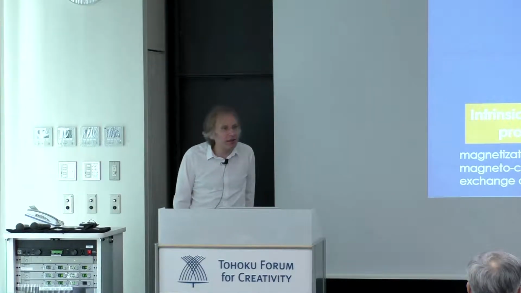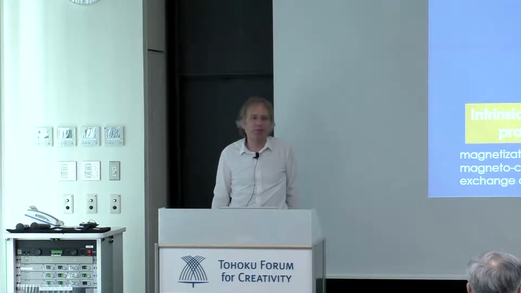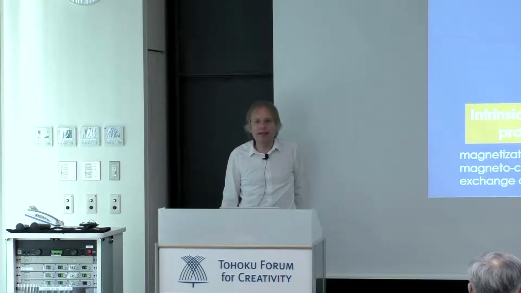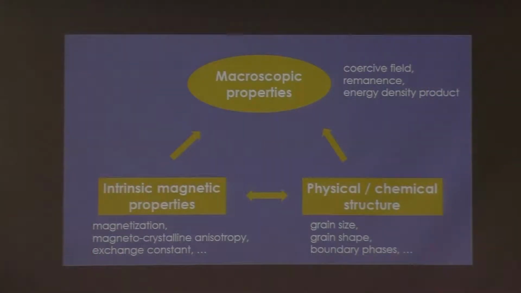So what do we do now in order to address the computational design of permanent magnets? We are interested in the macroscopic properties you see on the top. We want to maximize the coercivity, and we want to maximize the remanence. This will give us a very good energy density product.